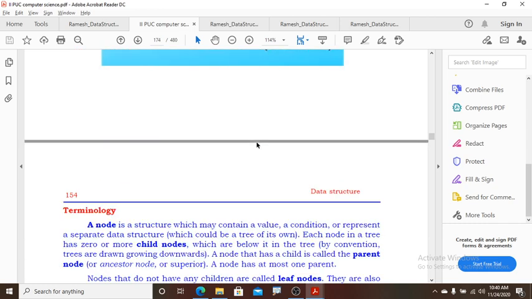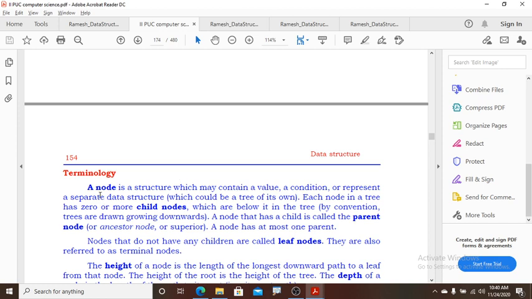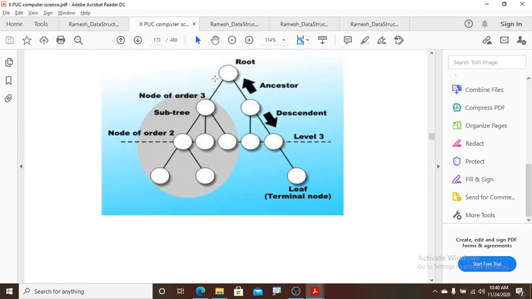Before that, what do you mean by node? A node is a structure which may contain a value, a condition, or represent a separate data structure. So we may contain data here also, like a greater than b, b greater than c. A value also we can place, 2 or 3 or anything.